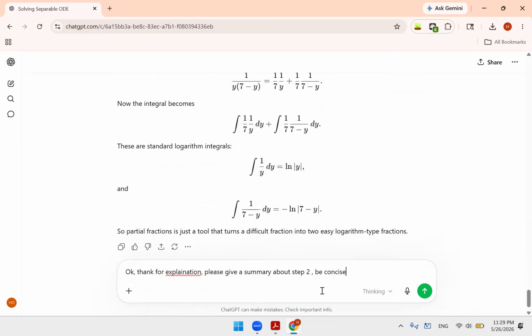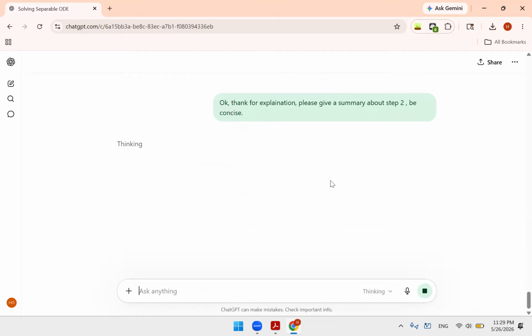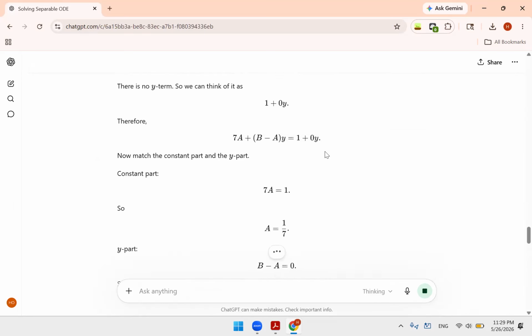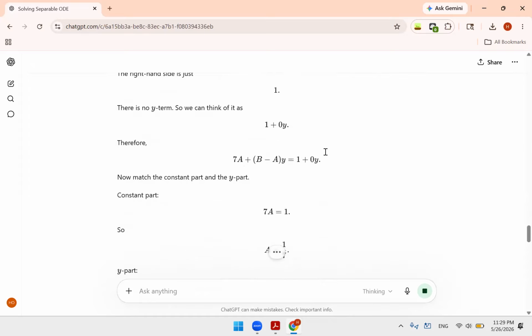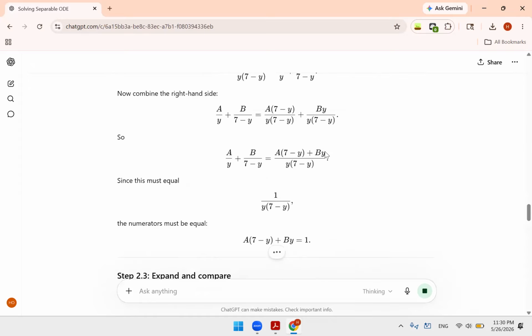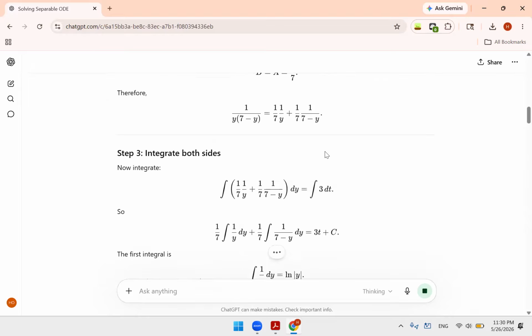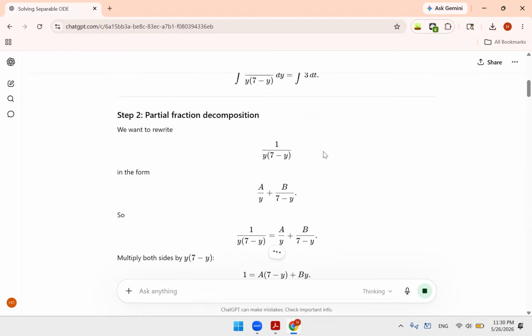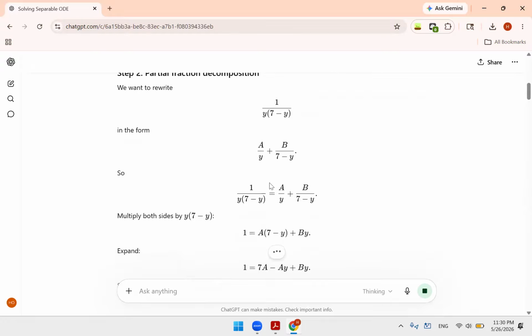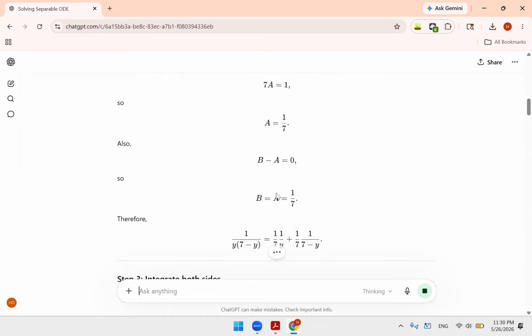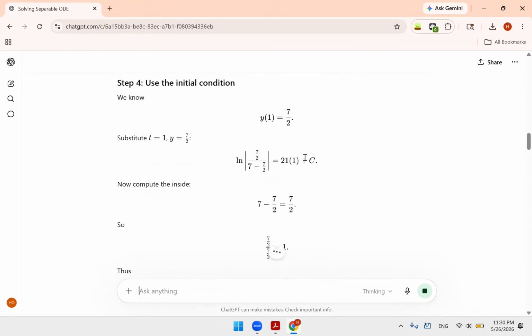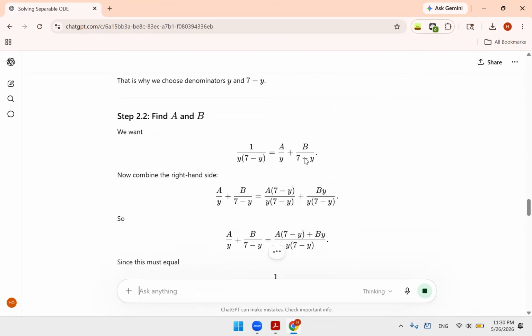Sometimes you even want to read step 2.1, 2.2, 2.3, 2.4, and in the process go back to step 2 and see where you missed it. Maybe you are missing step 2.2 or 2.3. Going back and forth can help you identify which part you are really missing.